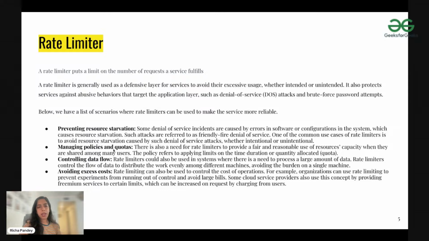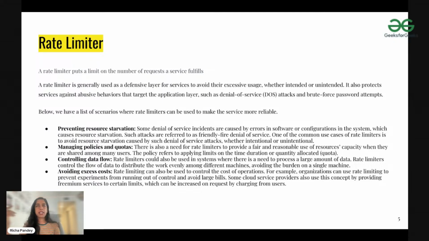The second one is managing policies and quotas. A rate limiter provides a fair and reasonable use of resource capacity when they are shared among many users. Primarily, if you have ever made an API call, any open source API will have a limit on the frequency of the API usage.